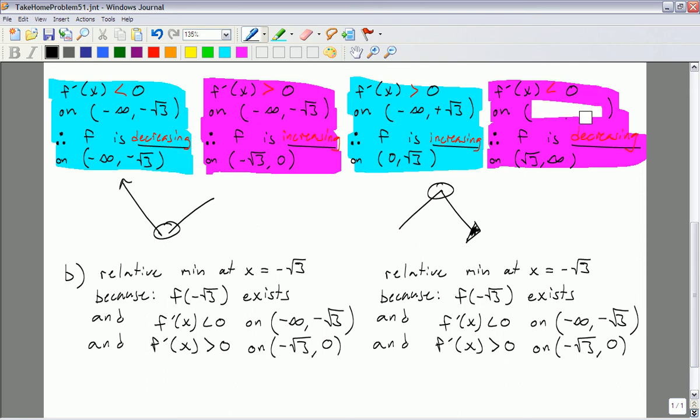I wrote it wrong there. This was root 3 to infinity. Okay, so we have a relative max at x equals positive root 3 because f of positive root 3 exists.